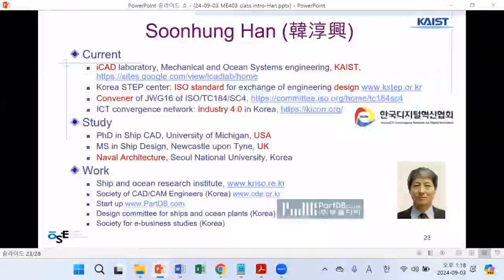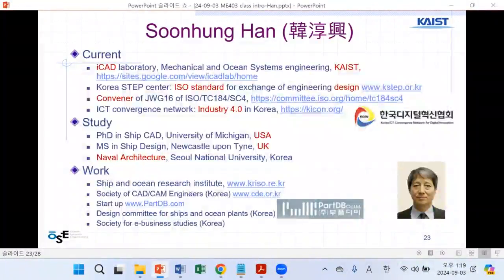All right. And myself, I'm retired from KAIST officially, but still working. And my specialty area is CAD, computer aided design. Originally for ship design, computer aided ship design.